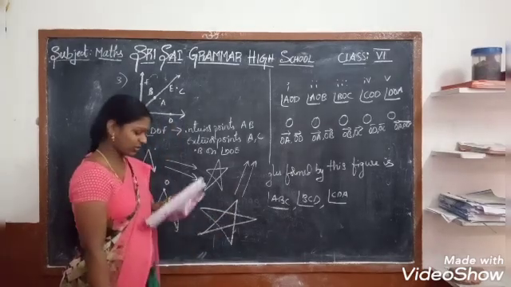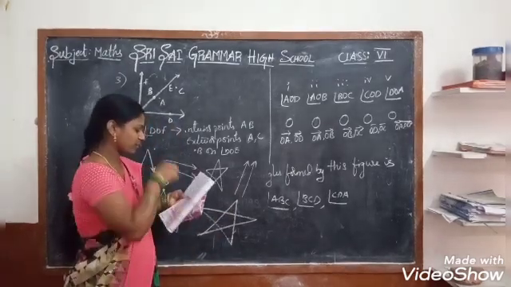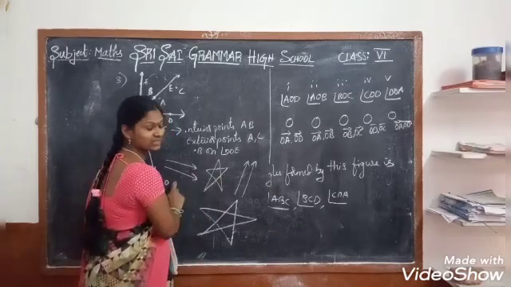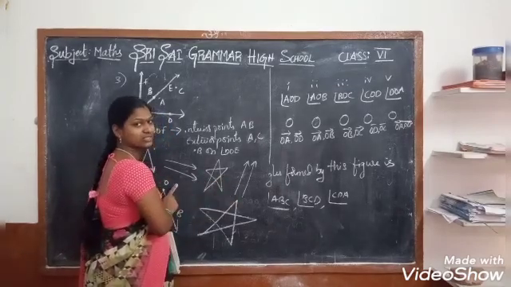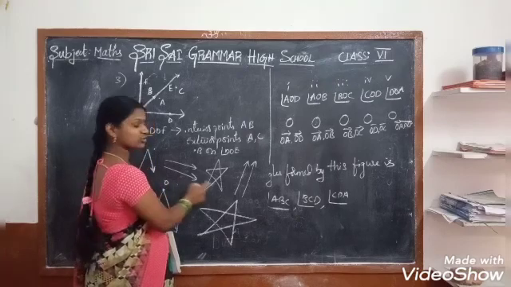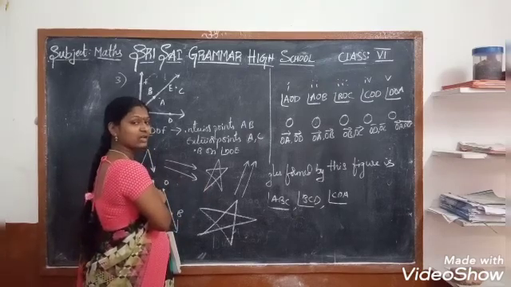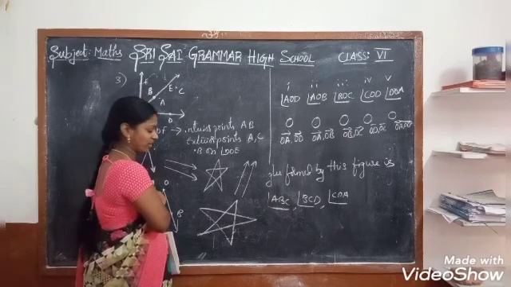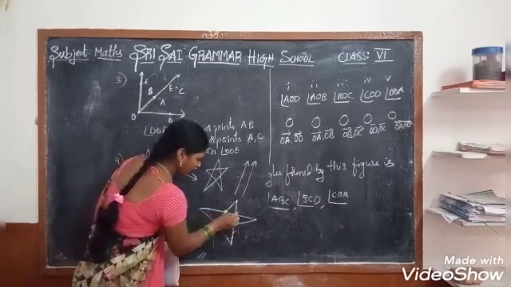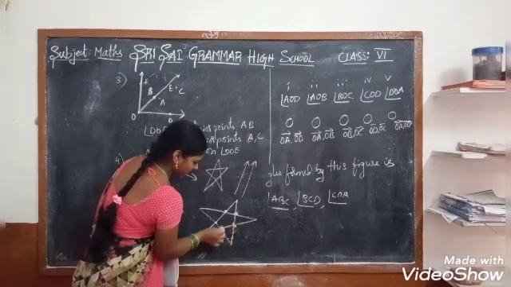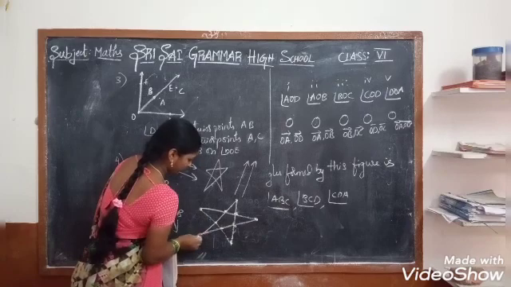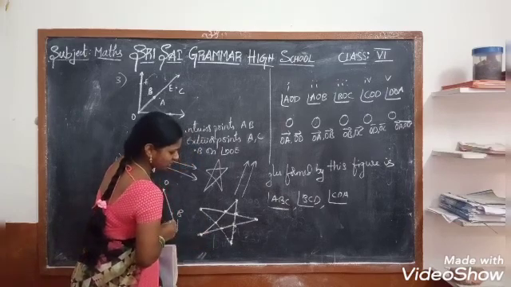Now we have to find the angles formed. In these two, the angles are not formed because they are parallel lines. From these two, the angles are formed. So, for the angles formed, we are going to give points.